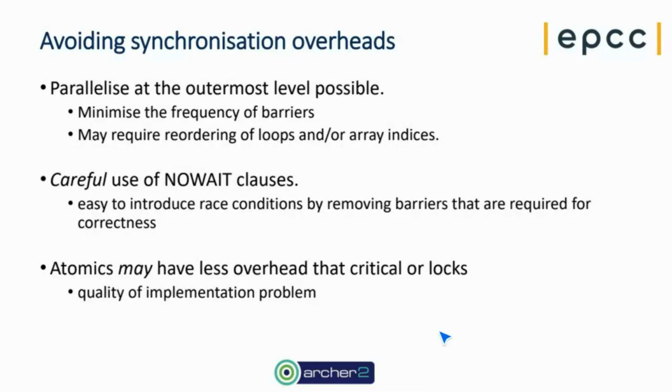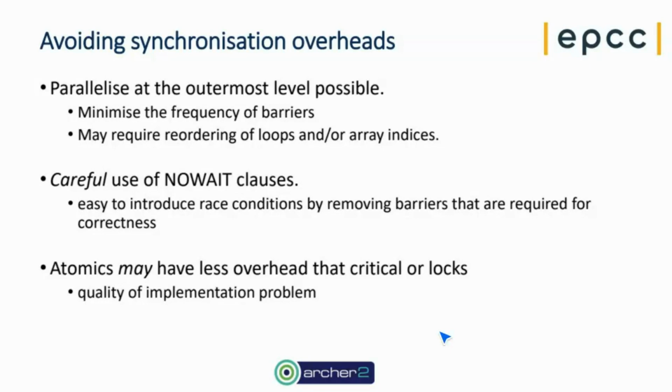So what can we do here? How do we avoid synchronization overheads? Well, clearly, some synchronization is always going to be necessary for correct execution and avoiding race conditions. But we should think about parallelizing at the outermost level possible. If we have a choice of different levels at which we can exploit parallelism, then we should try and go for the outer ones, because that probably means we have to synchronize less often.